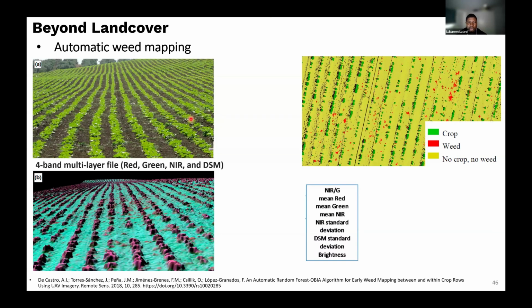So what they do is to also apply some additional information like the digital surface model. The digital surface model enables the algorithm, or the computer, to learn more about several factors that it could use to distinguish weed from the crop, because they all belong to a class of vegetation. But when you give it some additional information, it can use that to distinguish the crop and the weed.